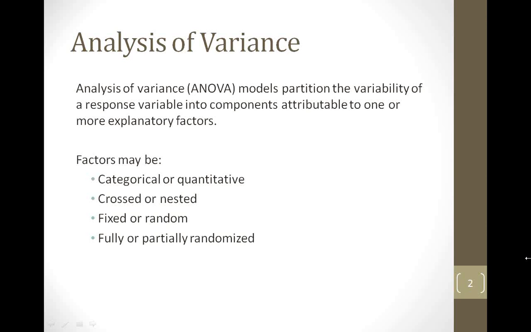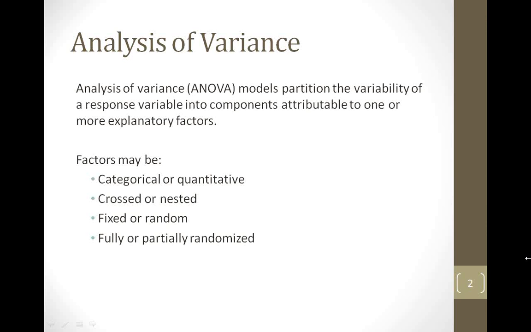Factors are also classified in analysis of variance as either being fixed or random. If I have several different codings I wish to compare, coding A with coding B with coding C with coding D, those are typically fixed factors. I'm really interested in comparing the levels at which I collect the data.